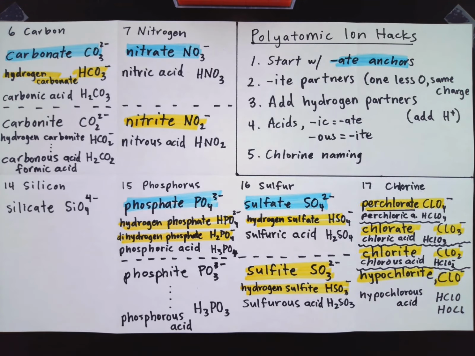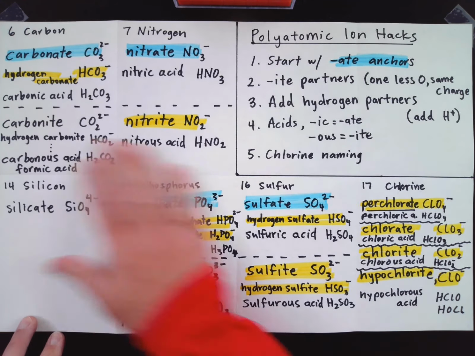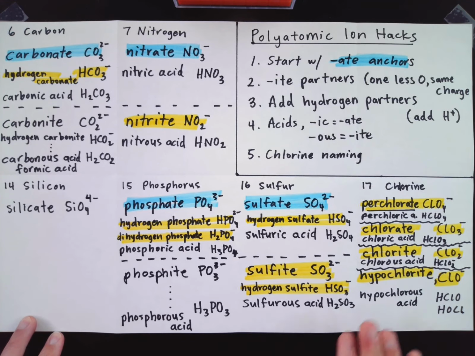So if you're the type of person that doesn't like to just memorize things, you might try to practice building out this chart. We've got a ton of common polyatomic ions here, some not so common polyatomic ions, and then also some common acids that would be good to know as well. Let me highlight those in pink.